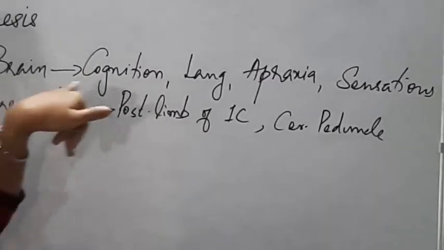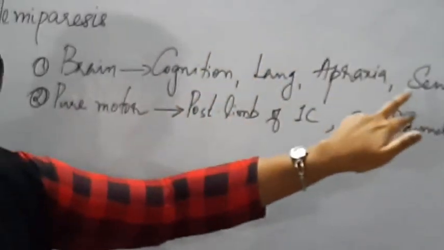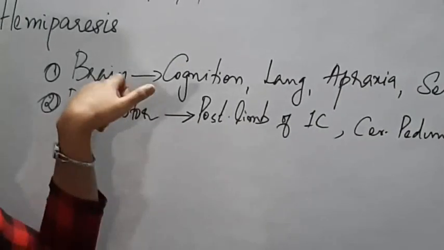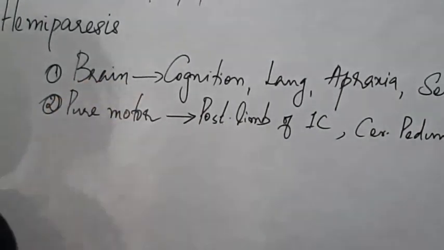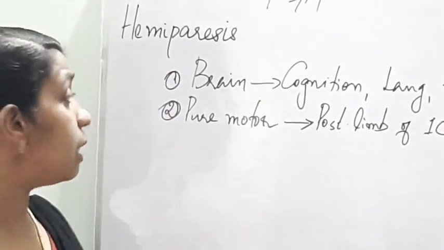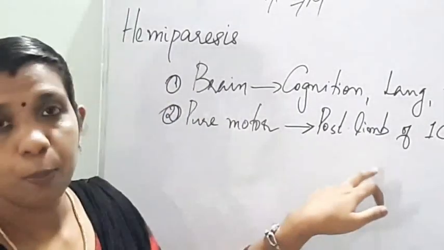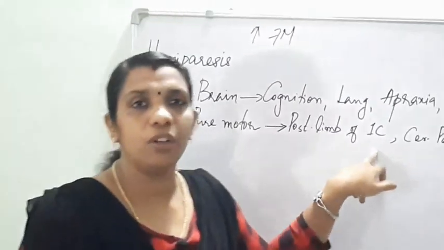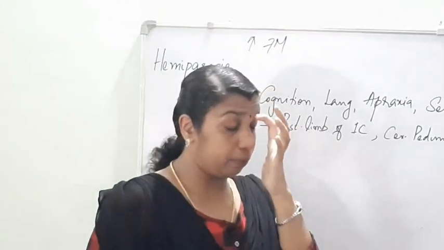So if it is associated with other cognitive disturbance, then the lesion will be in the brain. If the hemiparesis is purely motor, with no cognitive or sensory disturbance, then the lesion will be in the posterior limb of the internal capsule or in the cerebral peduncle.